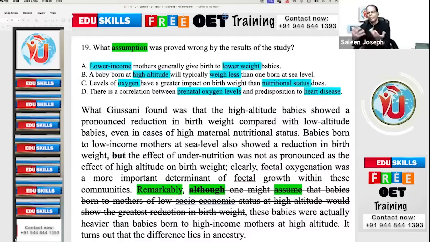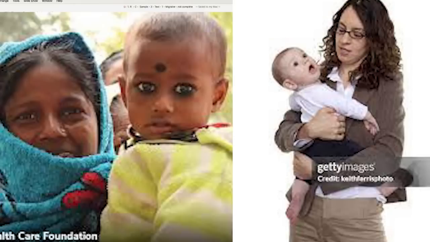Assumption means presumption, not fact. These babies were actually heavier than the babies born to high-income mothers, those who had enough money. So poor mothers' babies or rich mothers' babies, which were heavier? Poor mothers' babies are heavier.